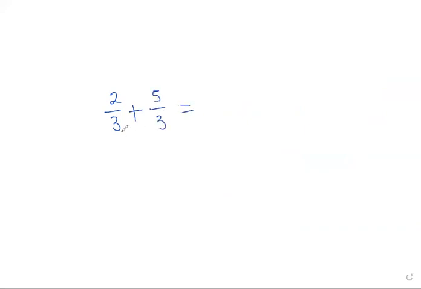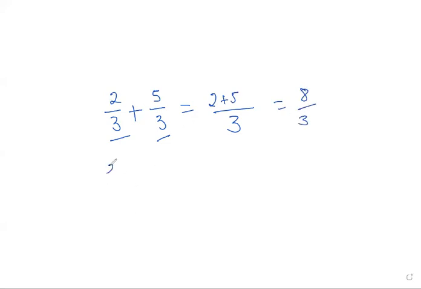When adding or subtracting a fraction, keep in mind, if they have the same common denominator, you just add the top and keep the common denominator, and you will rarely see that happen. Usually it's a different denominator and you have to find the common denominator. So here we have 2 plus 5, which is 7/3.